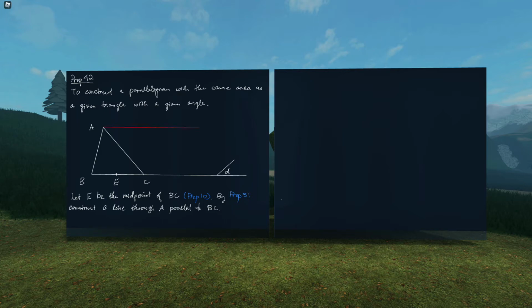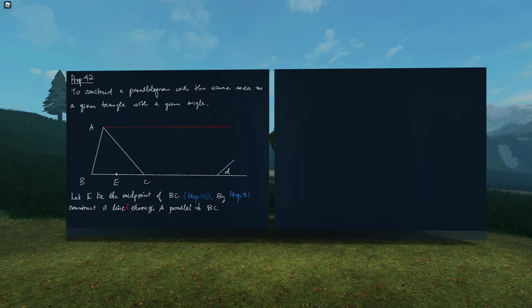So I'm going to get a line here that's parallel to BC, and I'm going to call this line L. Usually we refer to lines by points on them, but since there are no points on here, I don't want to add additional points right now. It's just going to be L.